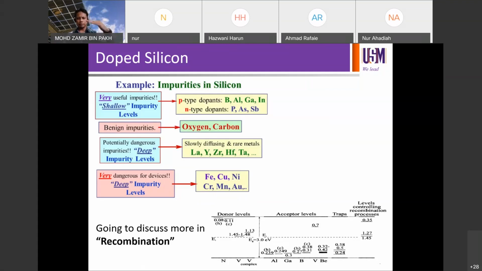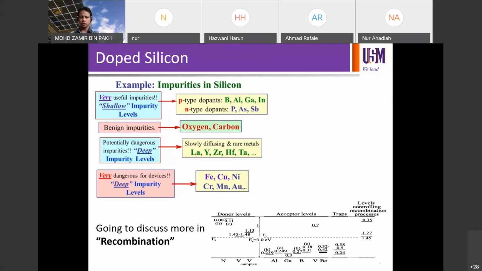On the other hand, deep impurities are sitting deeper in the forbidden gap. They are close to the mid gap. For example, they can be rare metals. They can also be iron, copper, nickel, gold, and many more. You can see the position of the energy states of the deep impurities in the illustration below.